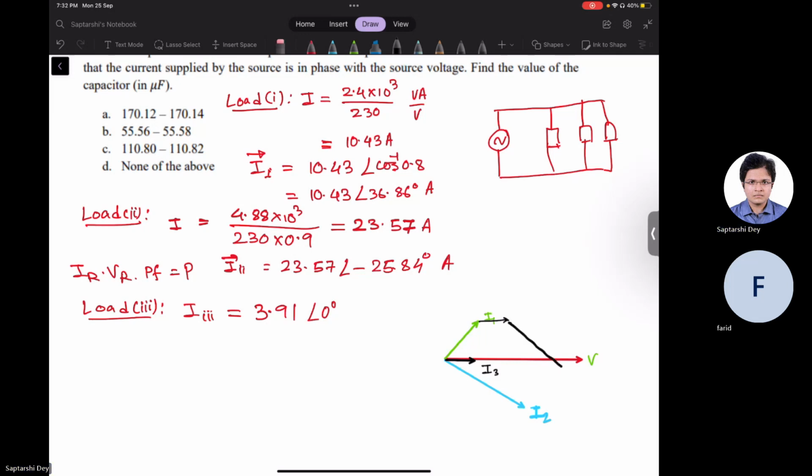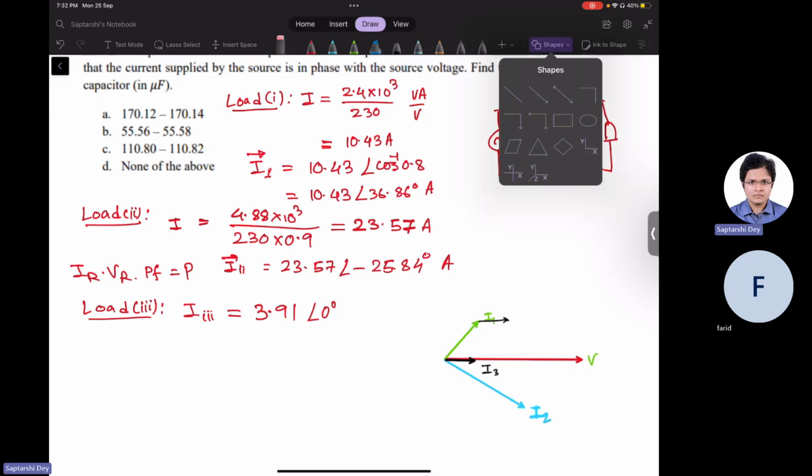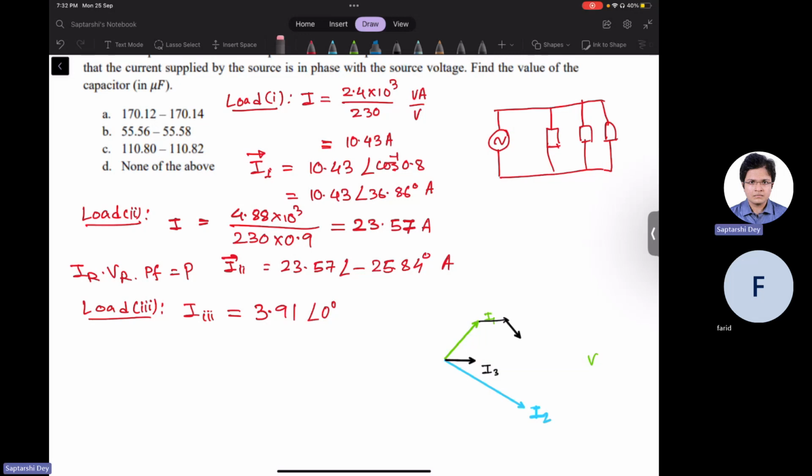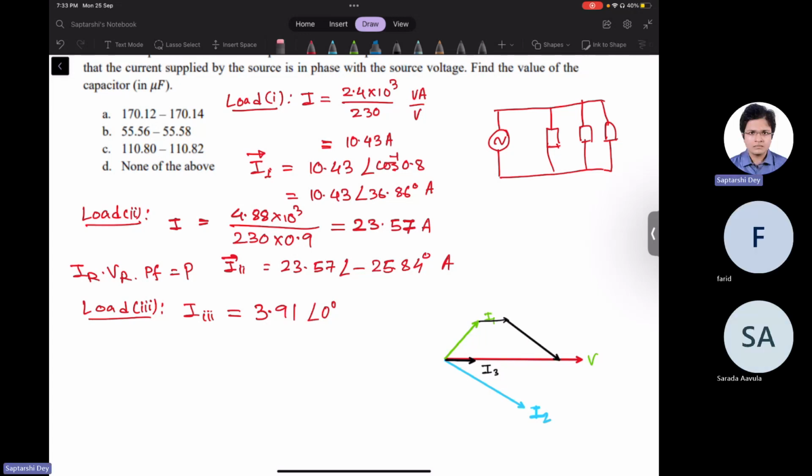With that, you add I2. Now the resultant that we have is this. This is the source current, let us say.